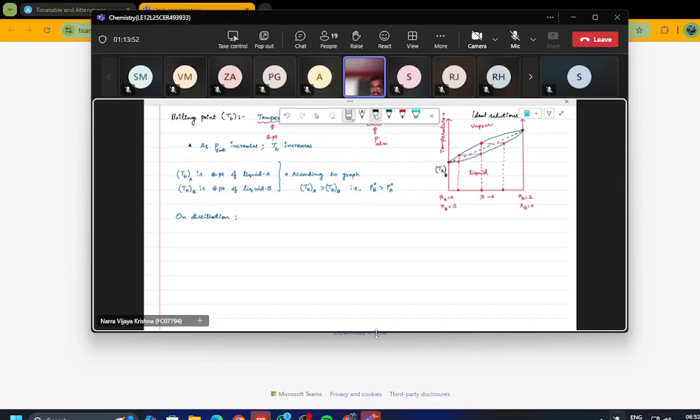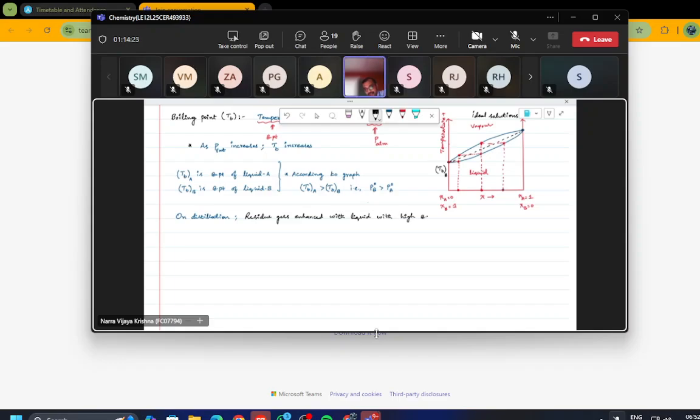On distillation, residue gets enhanced with liquid with a high boiling point. Correct or not? Right.